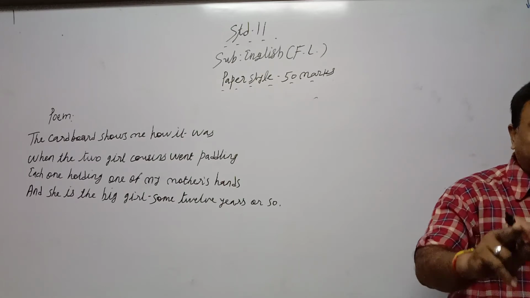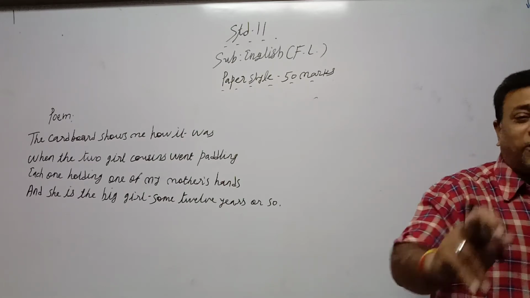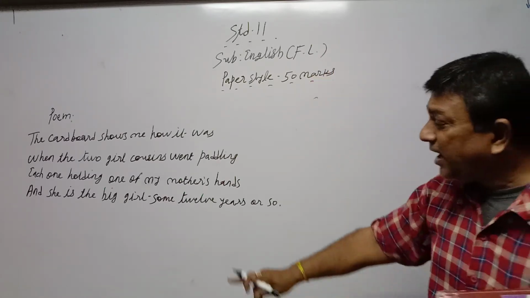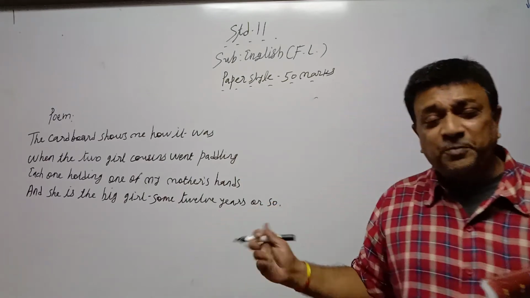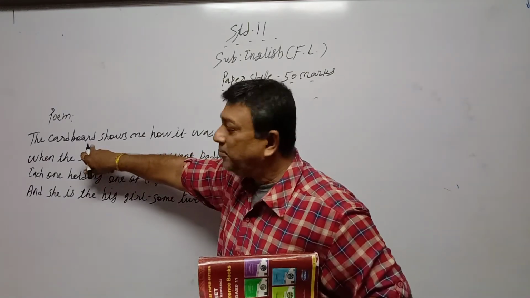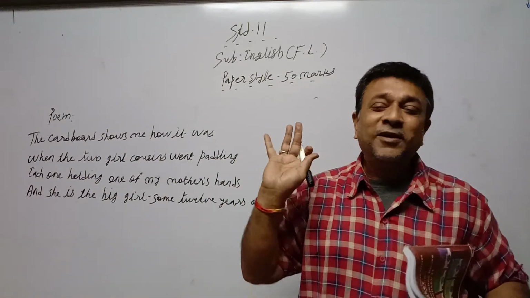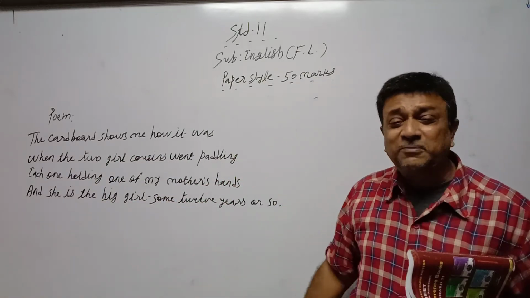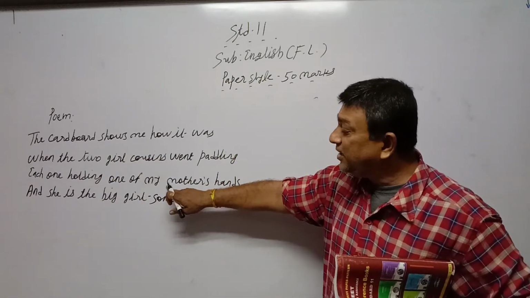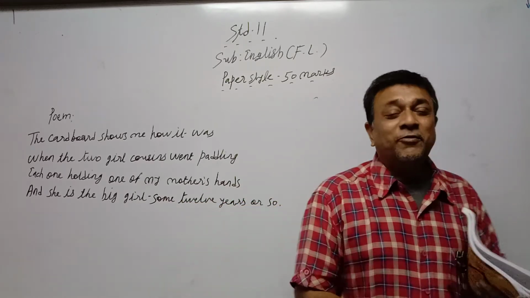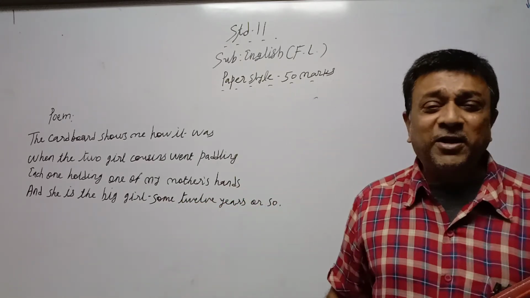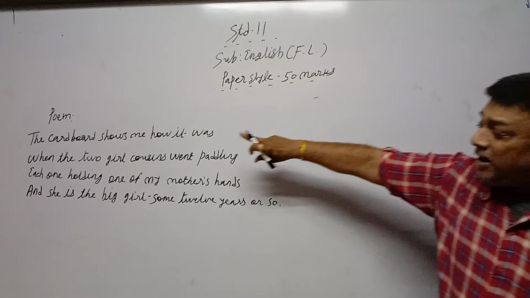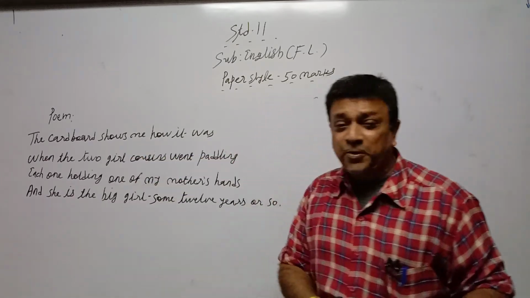How is it possible? The cardboard must be the word for photograph. Here cardboard means photograph. Only then is it possible that the poet's mother is only 12 years old. No one has seen his or her mother at 12 years except in photographs.